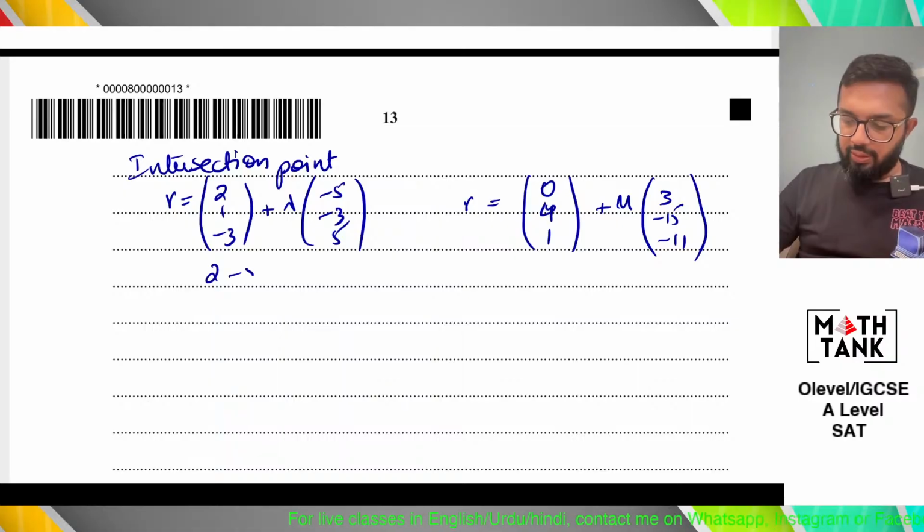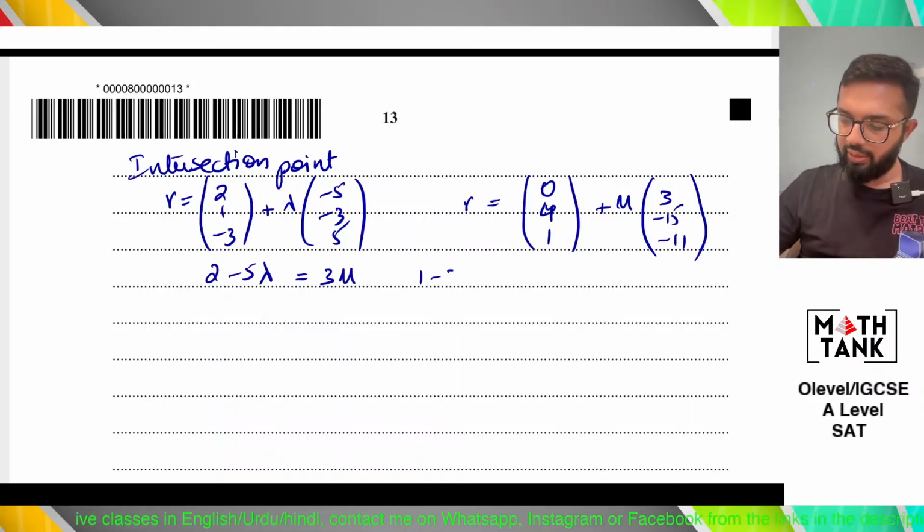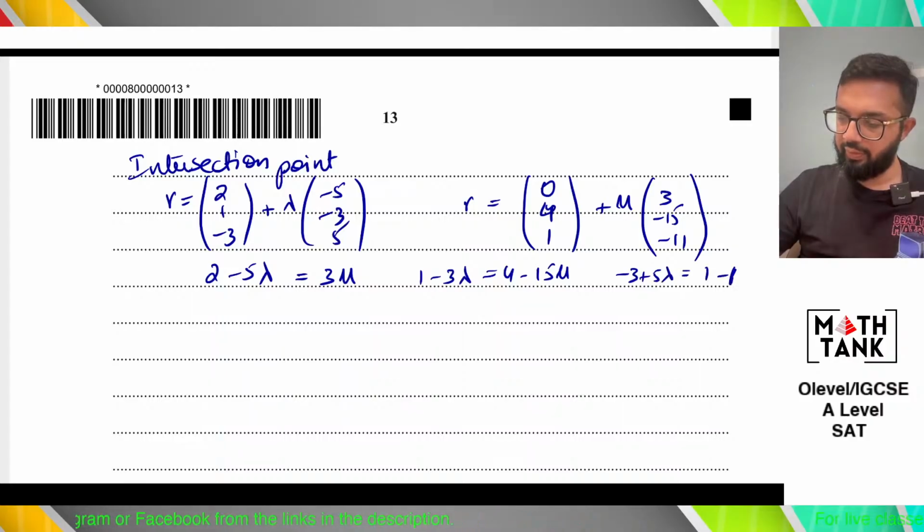Okay, so 2 minus 5 lambda equals 3 mu. 1 minus 3 lambda equals 4 minus 15 mu. And minus 3 plus 5 lambda equals 1 minus 11 mu.